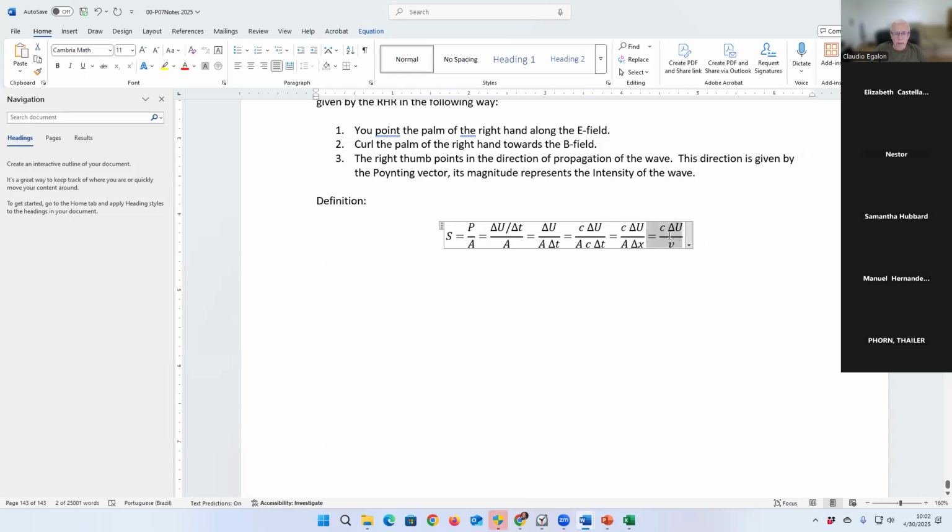And by the way, we should put that delta V instead, because we're multiplying by delta x. This delta U over delta V, we already know what it is. It is the energy density of the wave, which we calculated before.